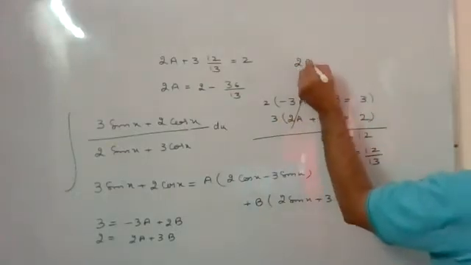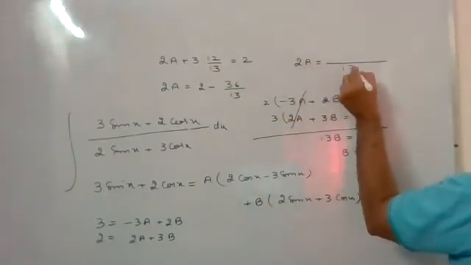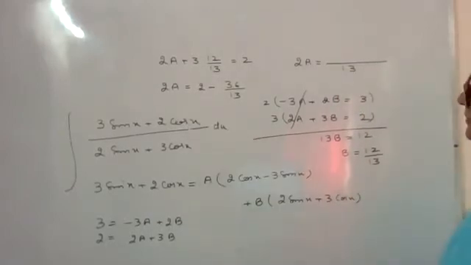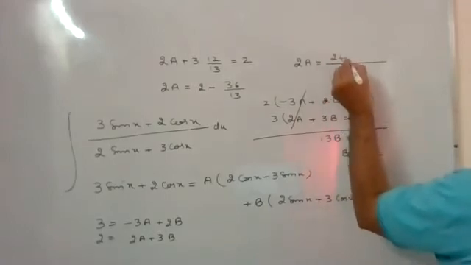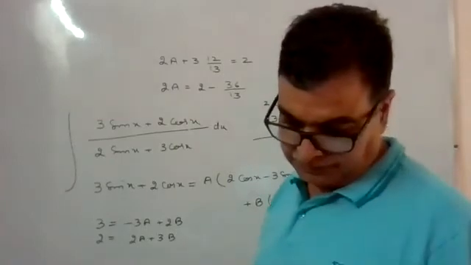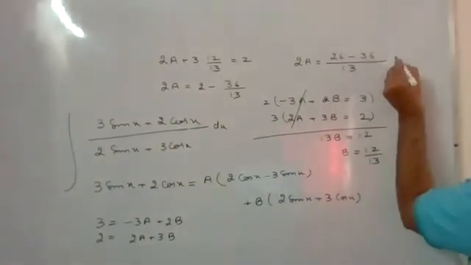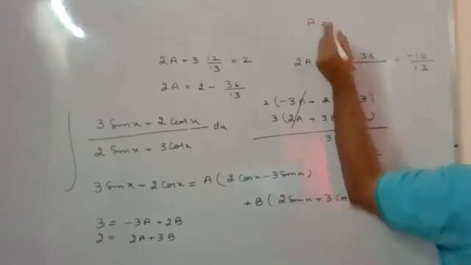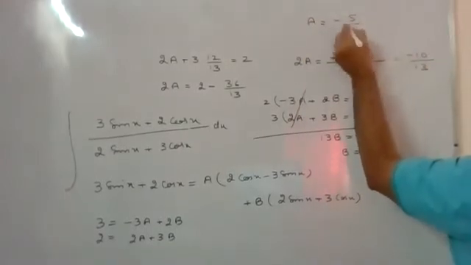Or I should say 2a will be equal to 13 is the LCM, 13 twos are 26 minus 36. So this will come out to be minus 10 by 13. So a comes out to be, 2 gets cancelled out, minus 5 by 13.